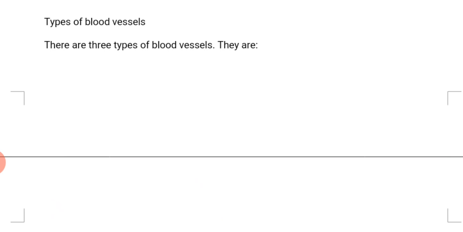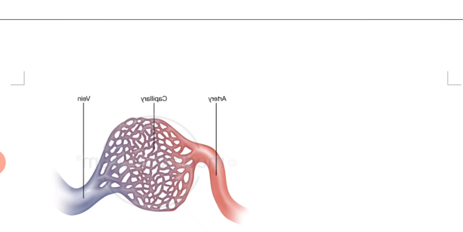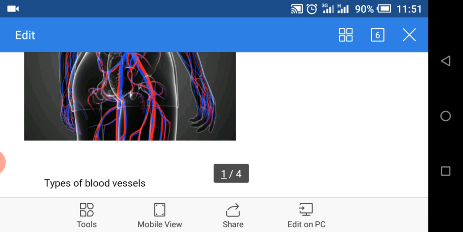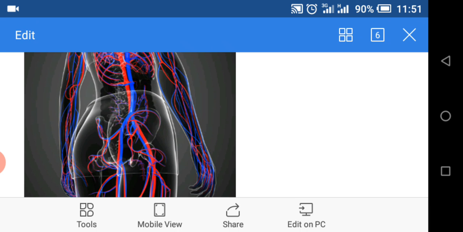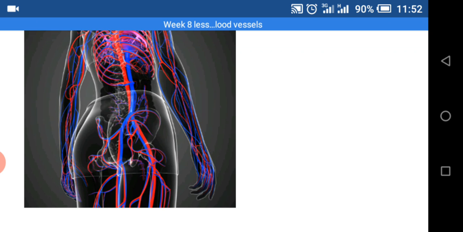Types of blood vessels. There are three types of blood vessels. They are artery, vein, and the capillary. If you look at the picture you first saw on the platform, we can see the network of the blood vessels there.